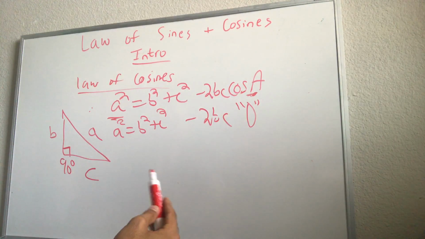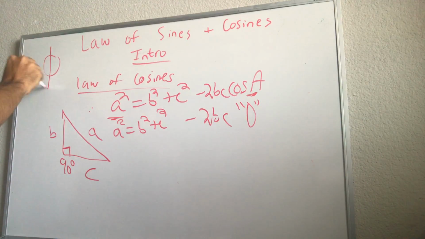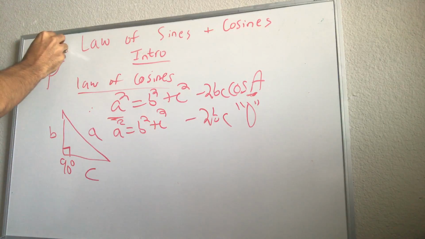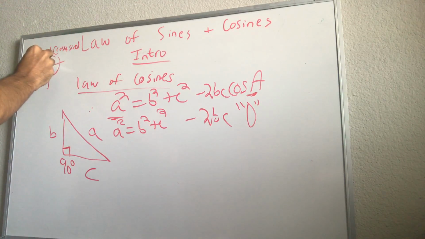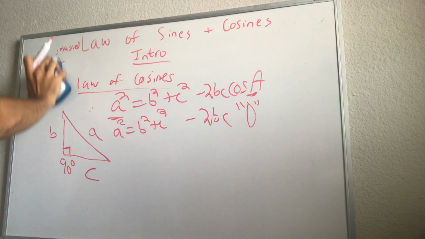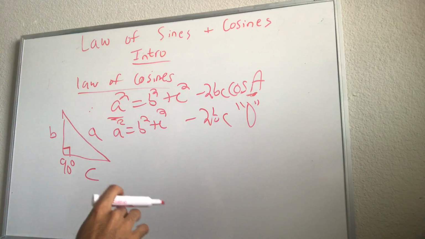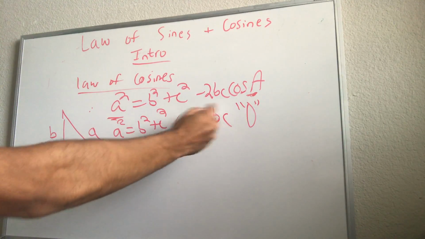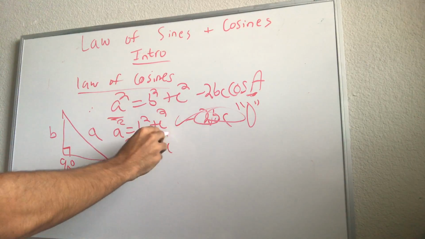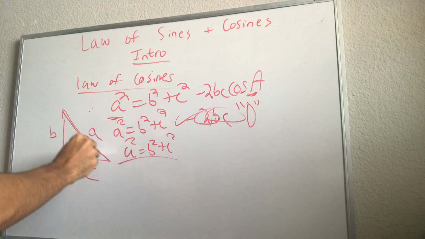Evaluating the cosine of 90 degrees: on the unit circle, the point is cosine theta comma sine theta, so the x-coordinate of this point would be 0. So if you know your unit circle, you know that cosine of 90 degrees is 0, and all of that term just goes away. You're left with a squared equal to b squared plus c squared, which is really the Pythagorean theorem, because a is your hypotenuse.